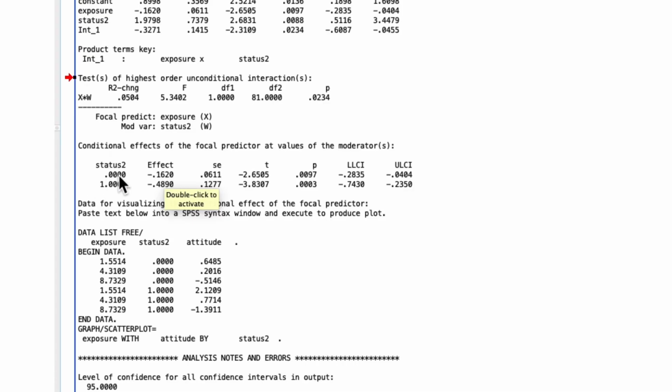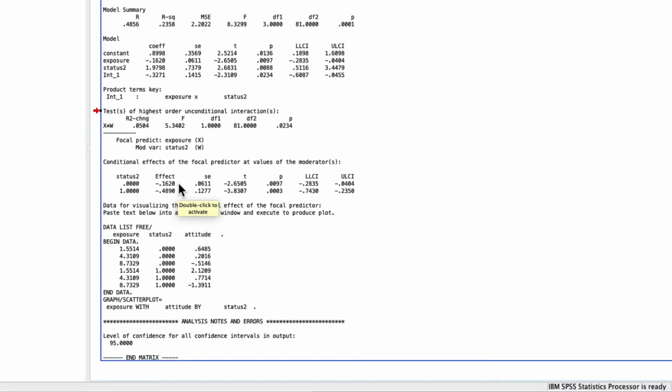So this is essentially saying the non-smokers have this effect, and if the status is 1, the effect is this. So essentially adding up the different beta coefficients for your regression model, that's what's shown here. And this is also tested with a t-test, and the confidence intervals are also shown. Both are significant in the slopes, and the interaction was also significant.